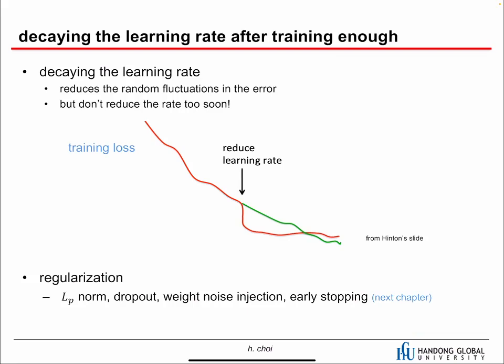And another one is kind of an old-fashioned idea. We can decay the learning rate. So let's say this one is training loss, and training loss could go down. It decreases, and then if you don't have any techniques, it goes something like this. But we can reduce the learning rate at this moment, then all of a sudden it goes down abruptly.